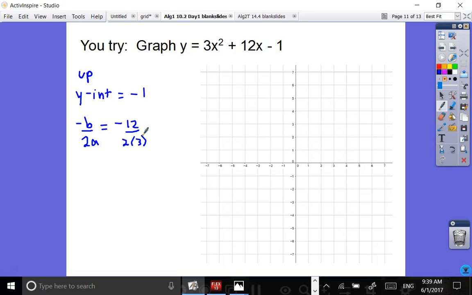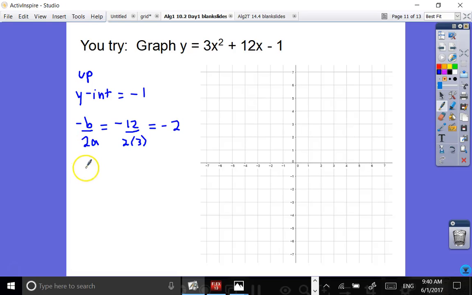Now, if you get that point right there, could you just go to the calculator at that point and look up the y value? Yes, you can. Absolutely. You could graph or go to y equals and put in 3x squared plus 12x minus 1, and then look for what the y value is when x equals negative 2.